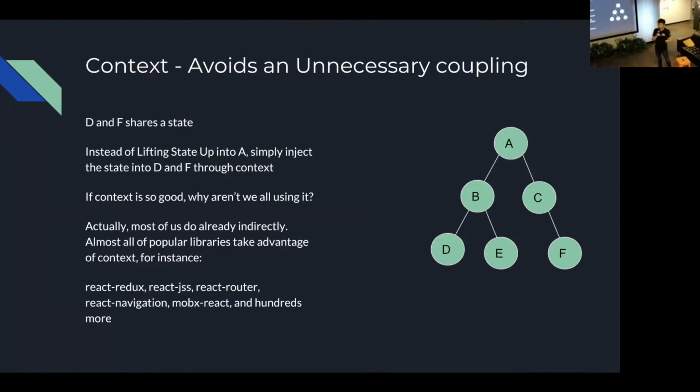If context is so good, why aren't we all using it? Does anyone use context here? Okay, that's more than I thought. But there's a reason why we don't actually implement context ourselves. We actually do use it indirectly. Sorry, I jumped ahead.